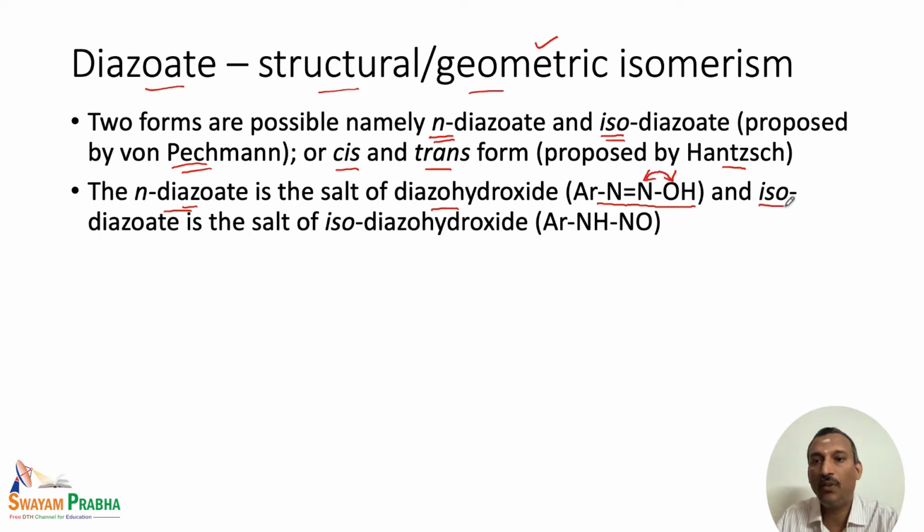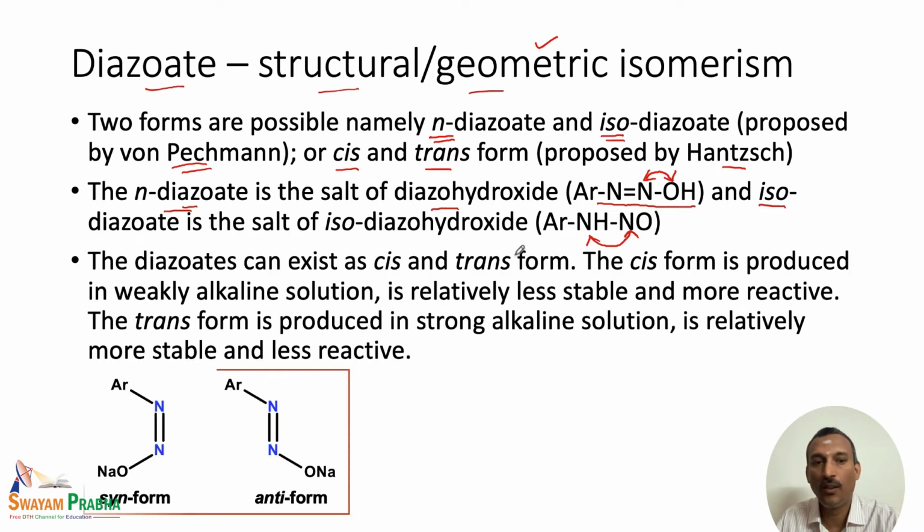And we have the isodiazotate, in which there is a nitrogen-nitrogen bond, and oxygen is attached to one of the nitrogens, here with the hydroxy unit attached to the nitrogen. So these are the two different ways they have proposed the possible structures for the diazonium salt.